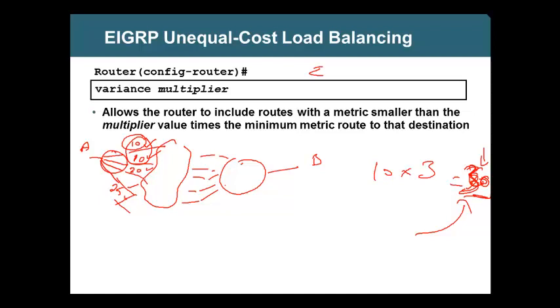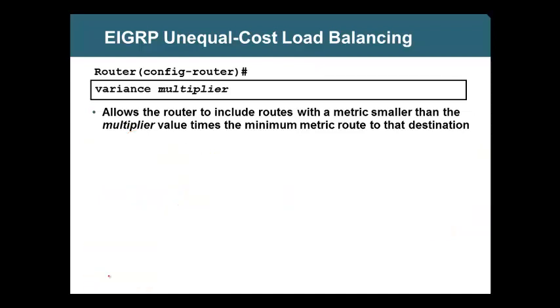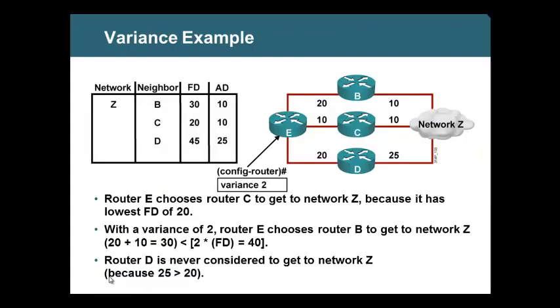When variance is 2, how many paths are used? 3. These 2 and then this one. Alright. So now with that understanding, go through this example, and when you are ready, let me know. I'll ask you a question.